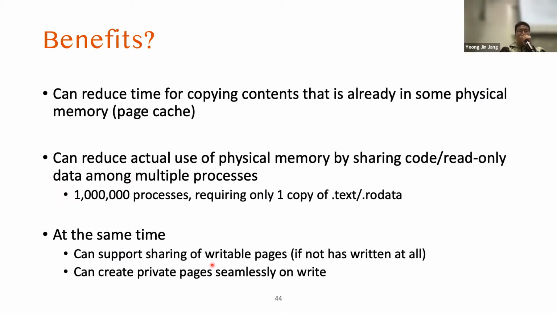So the benefit of using copy on write is that we can reduce the time for copying contents whenever we create a new process. Whenever you create a new tab on Google Chrome, it will minimally generate the page directory and page table and then run it. And whenever it writes on some of the memory, it will allocate new memory for the new instance.